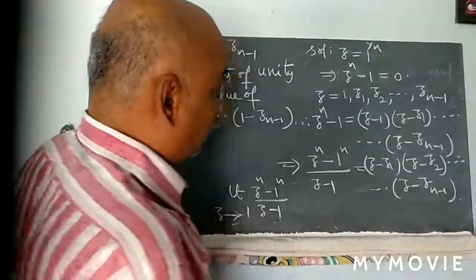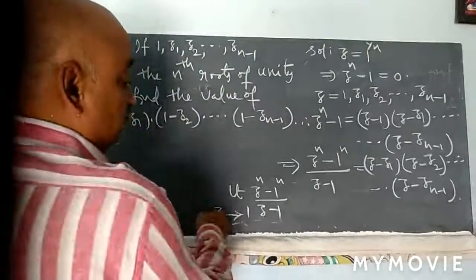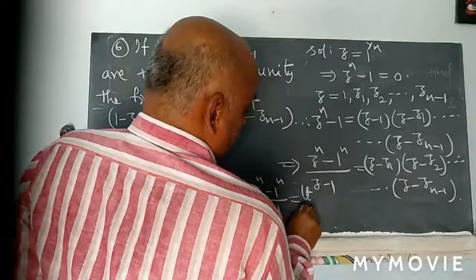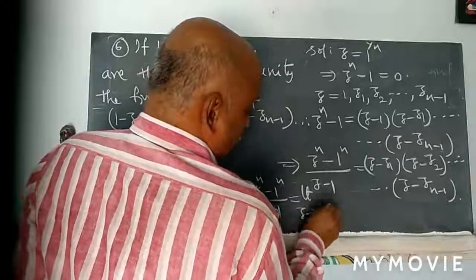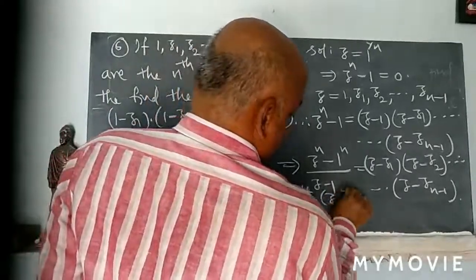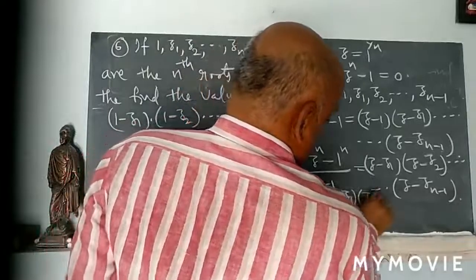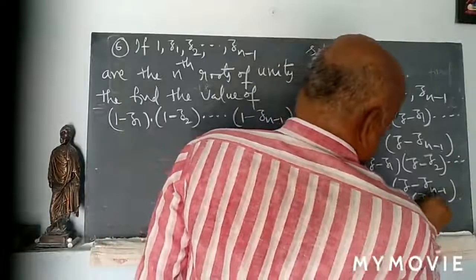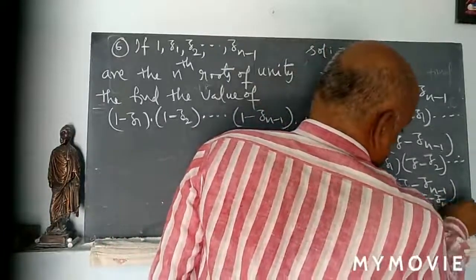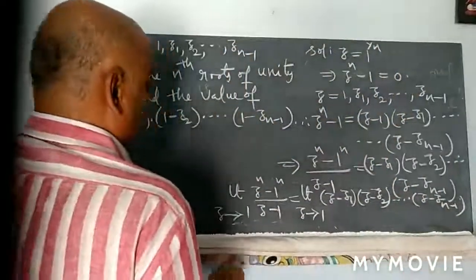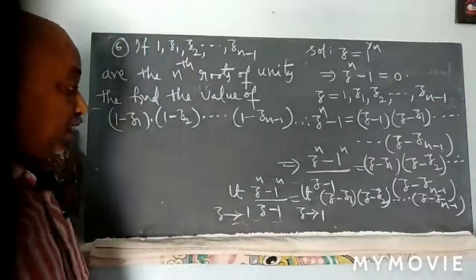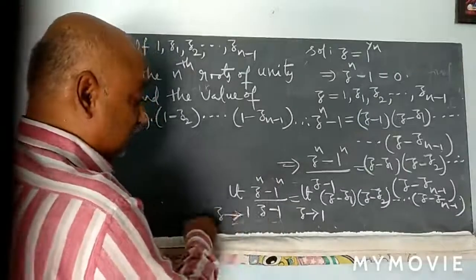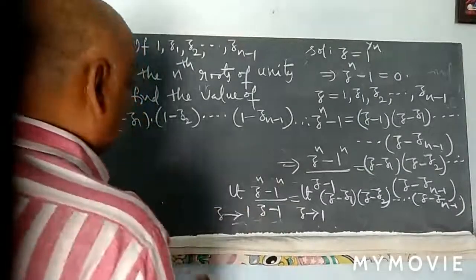So taking the limit as z tends to 1 on both sides. This is equal to the limit as z tends to 1 of (z minus z1)(z minus z2) and so on up to (z minus z(n minus 1)). This is a standard limit, (x to the power n minus a to the power n) by (x minus a) as x tends to a, which is n times a to the power n minus 1.